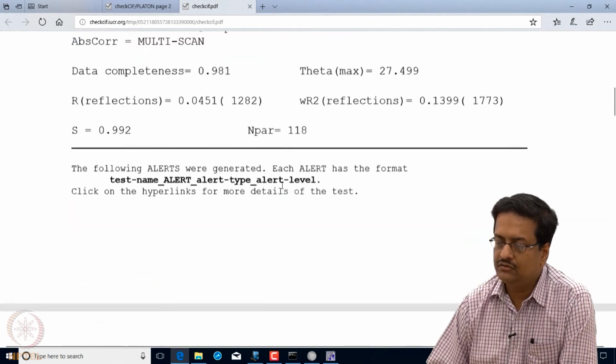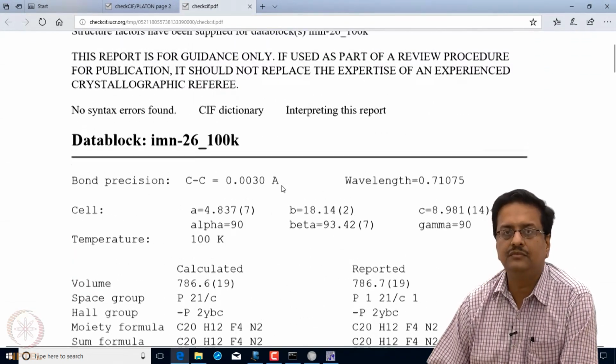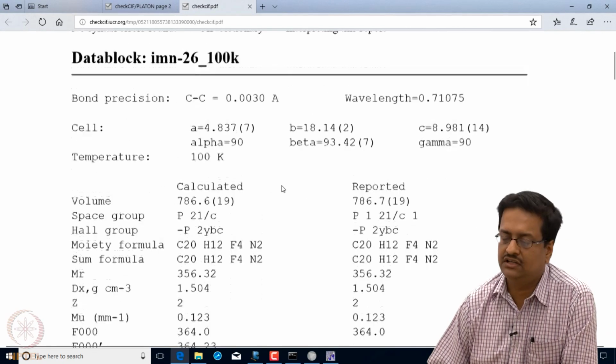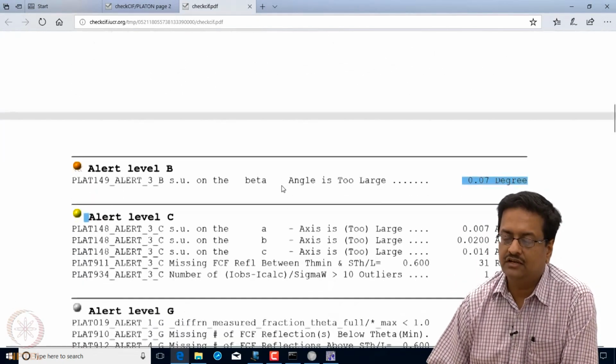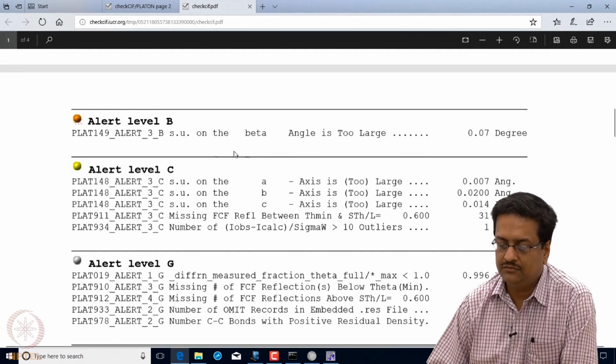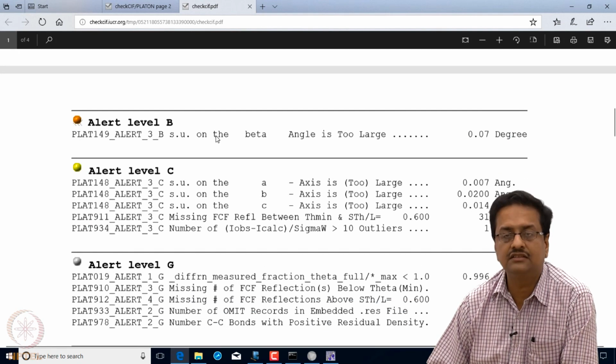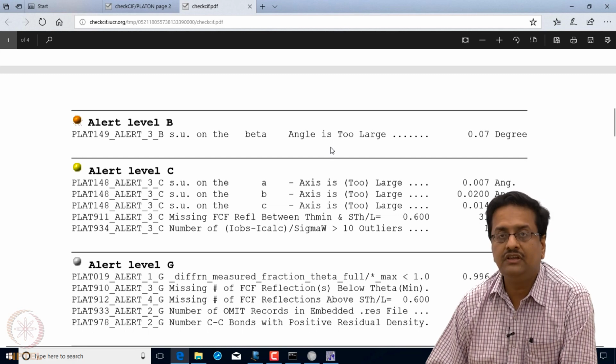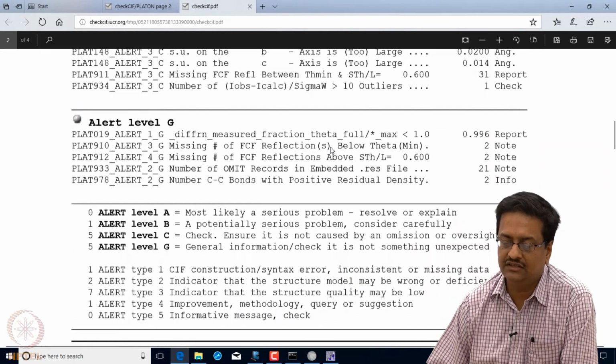So one has to look at this Checksif report at the end of any structure solution and refinement to make sure that you do not have any serious A or B level alerts. You have to have appropriate explanation for different A, B or C level alerts for your publication.